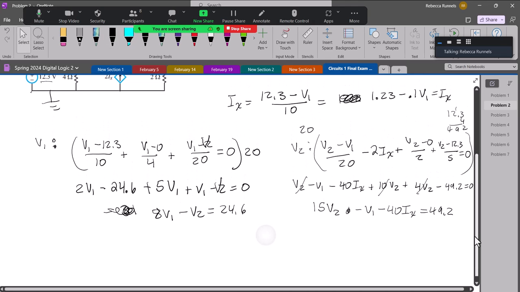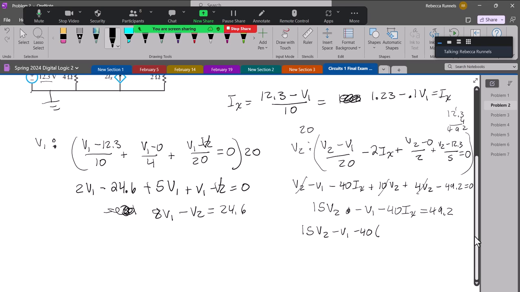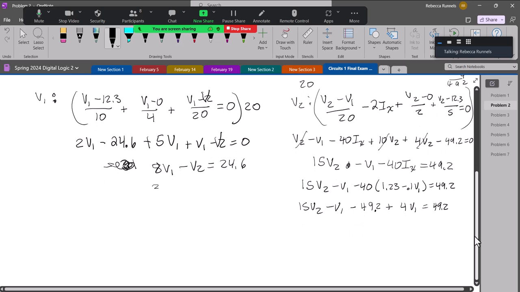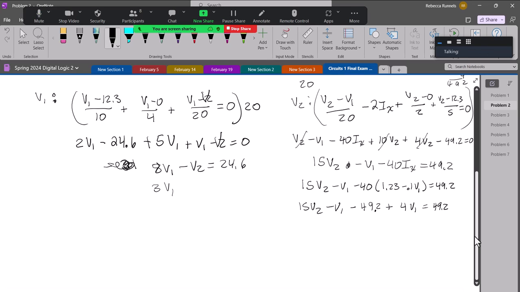Now we know what IX is. IX is 1.23 minus 0.1 V1. So 15V2 minus V1 minus 40 times 1.23 minus 0.1 V1 equals 49.2, or 15V2 minus V1 minus 49.2 plus 4V1, really, equals 49.2, which all simplifies to 3V1 plus 15V2 equals 98.4.